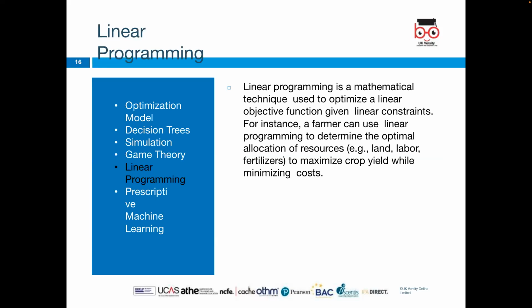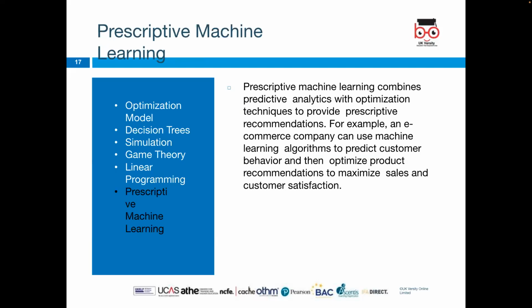The next one is linear programming. This is a mathematical technique used to optimize a linear objective function given linear constraints. For instance, a farmer can use linear programming to determine the optimal allocation of resources, for example land, labor, and fertilizers, to maximize crop yield while minimizing costs.